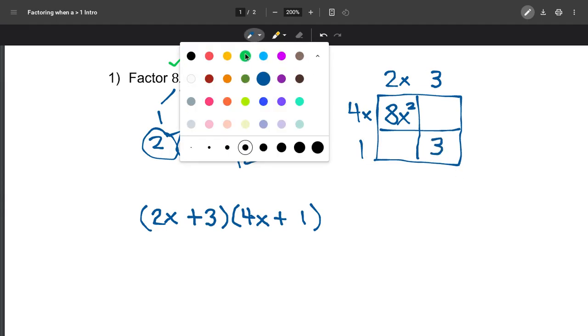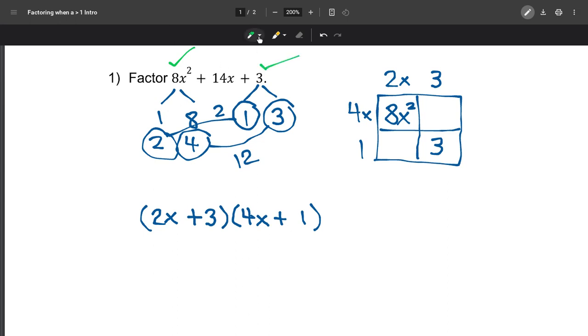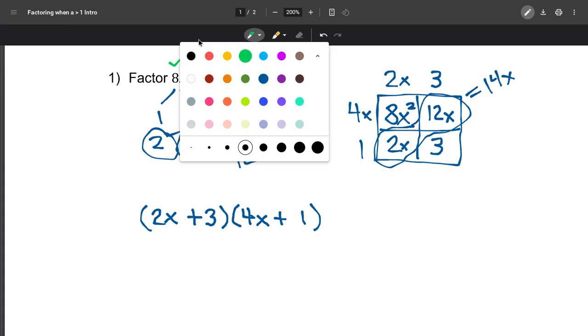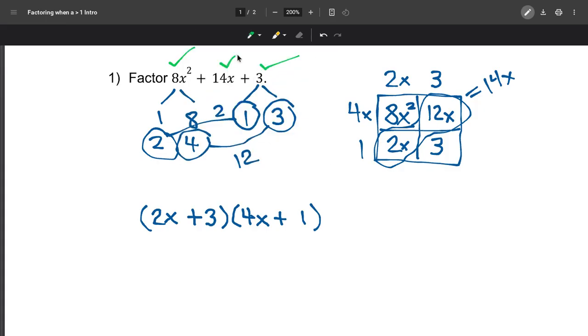We're going to get our last term. 4x times 3 is 12x. And 2x times 1 is 2x. So we're multiplying the inner and then the outer terms together. Okay, and these two, well, that adds to 14x. So when we combine our like terms, we get the middle term.